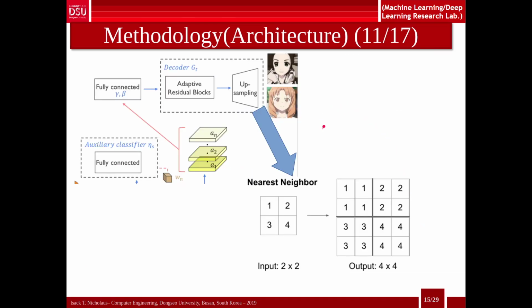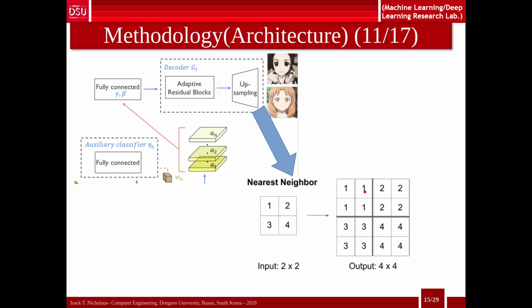Then what happens in the upsampling? During the upsampling, the model will try to generate some kind of output which will match the size or dimensionality of the given input. We can do so by several techniques, but one example of upsampling is nearest neighbor. Nearest neighbor will try to place the same value around the given pixels. For example, here is 2 by 2.